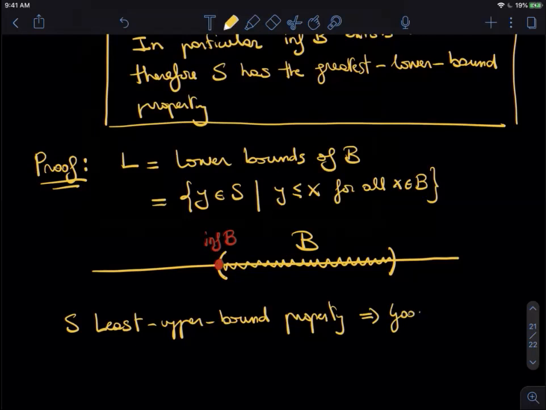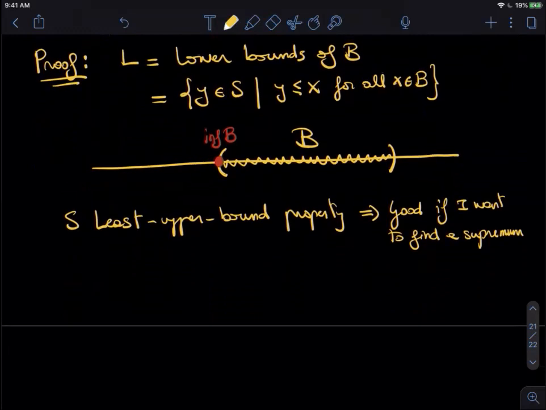So informally, this is good if I want to find a supremum. Now, that's a bit problematic because we are aiming for an infimum, but the property we have is good for supremum. So there is a bit of a problem there.